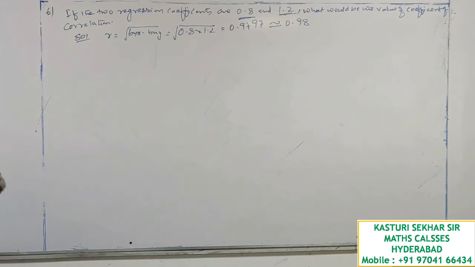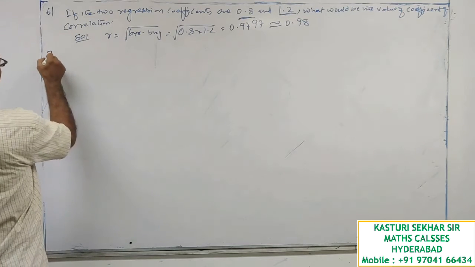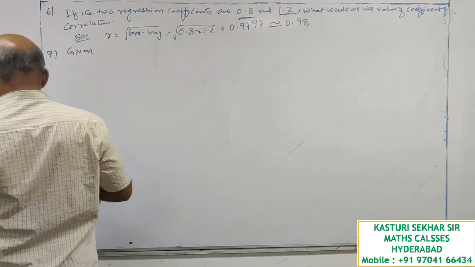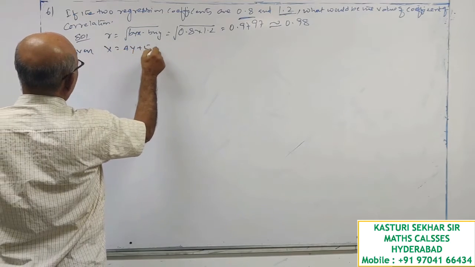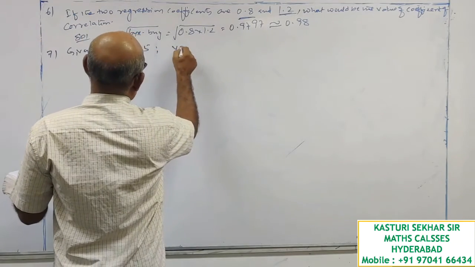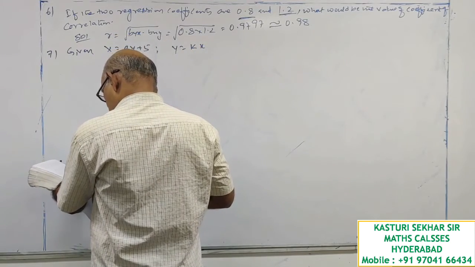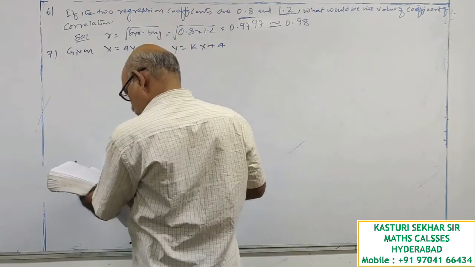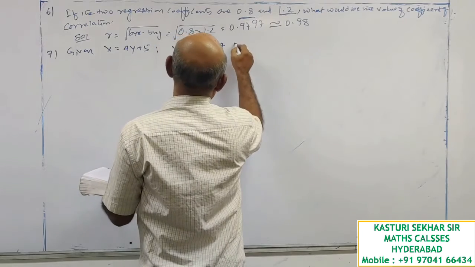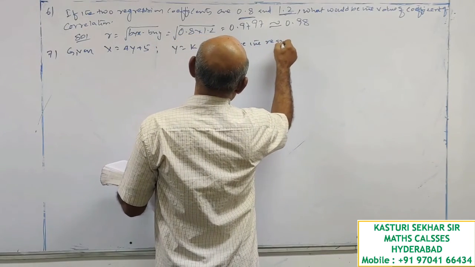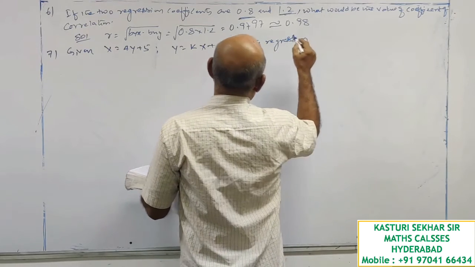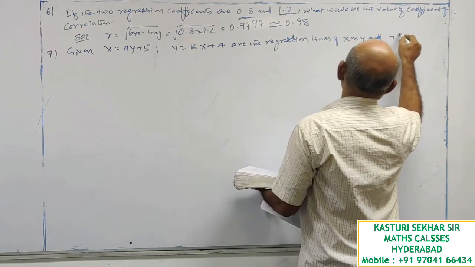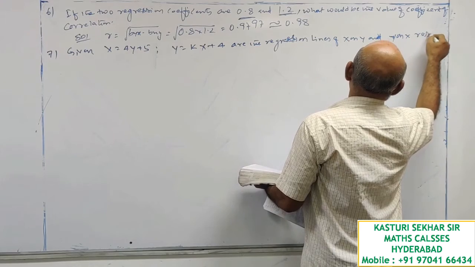Next, question number 7. Given x is equal to 4y plus 5, y is equal to kx plus 4 are the regression lines of x on y and y on x respectively.